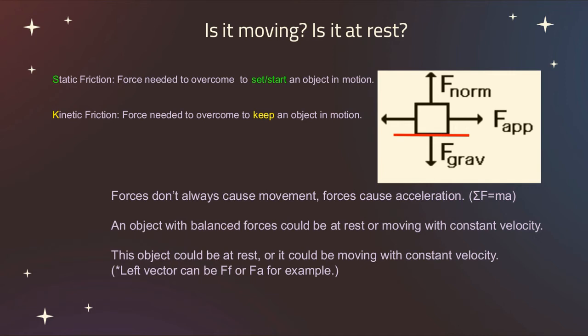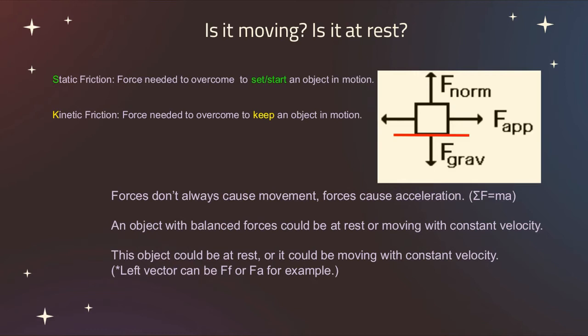All right, let's look at this picture. From this picture, can you really tell if it's moving or if it's at rest? The truth is, we won't ever know, because we don't know what the left-hand vector is. I've already said that it can be either force friction or force applied. It could be either one of those. But this is an object that is balanced.